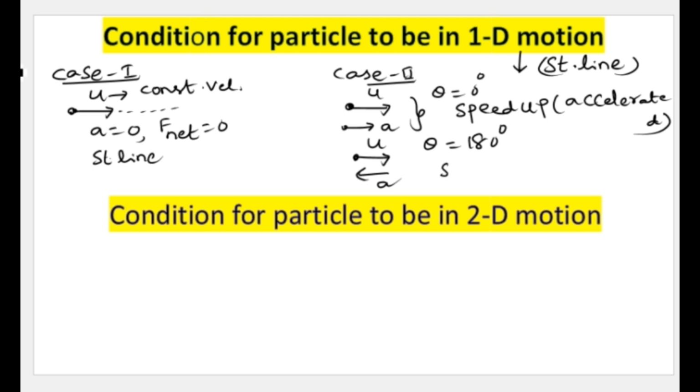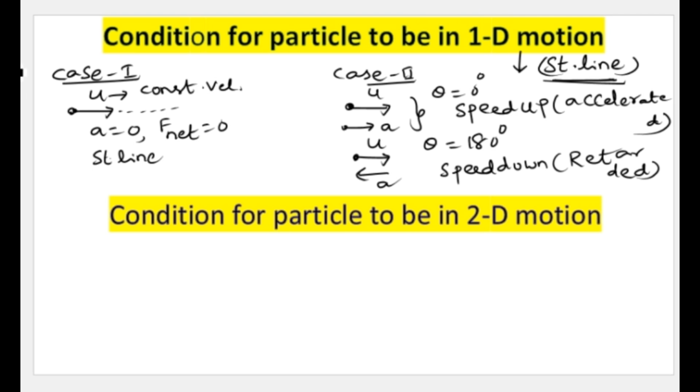In this situation the particle speeds down, the particle is retarded. But in case 1 and in case 2, the particle path is a straight line. Straight line means that is one-dimensional motion. That means if acceleration is in the direction of velocity or opposite to the direction of velocity, the path is a straight line.